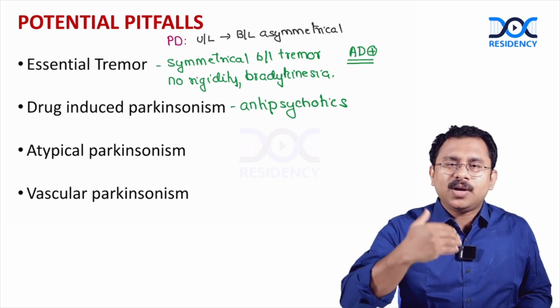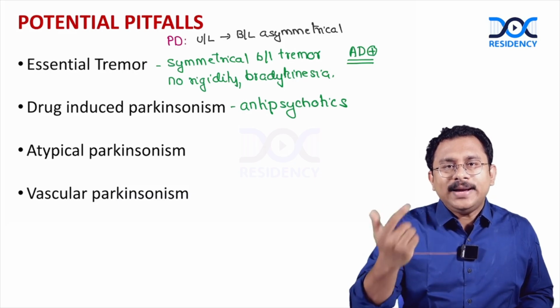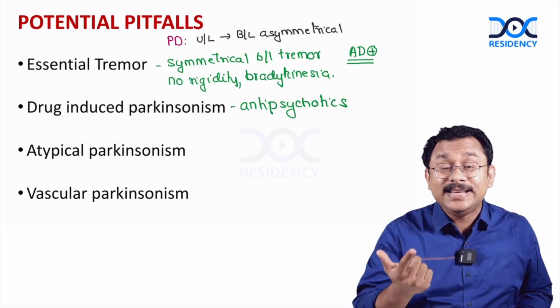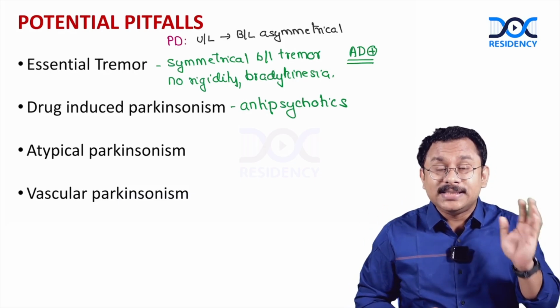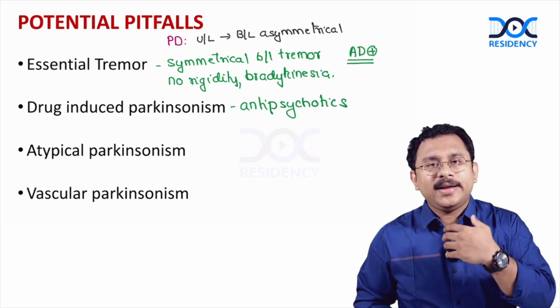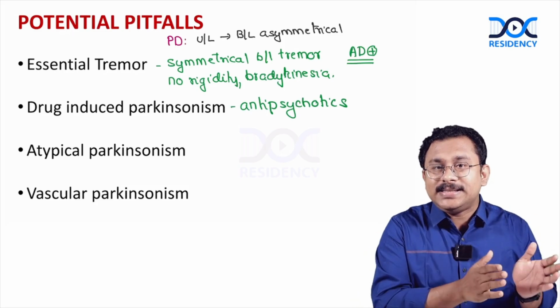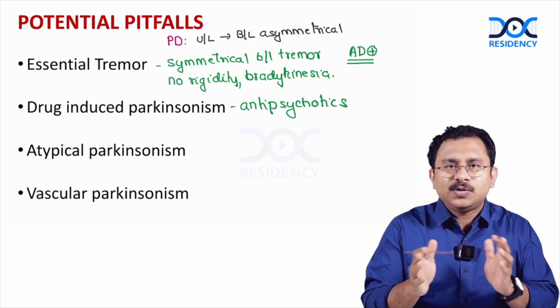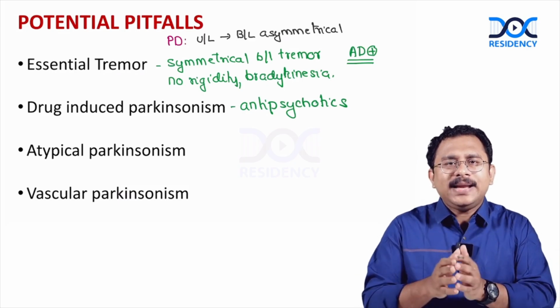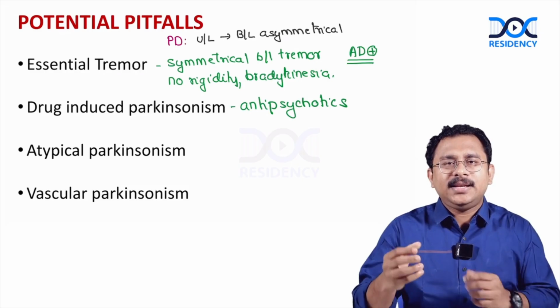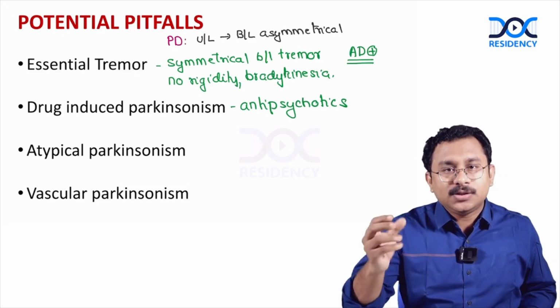Sometimes what can happen is when you communicate with the relatives, you might tell them that he has got Parkinson's disease. Remember, it's not Parkinson's disease. It is drug-induced Parkinsonism. So the terms Parkinsonism and Parkinson's disease, you should not confuse between them. Any patient having features of bradykinesia and rigidity, you would say that he is having Parkinsonism.